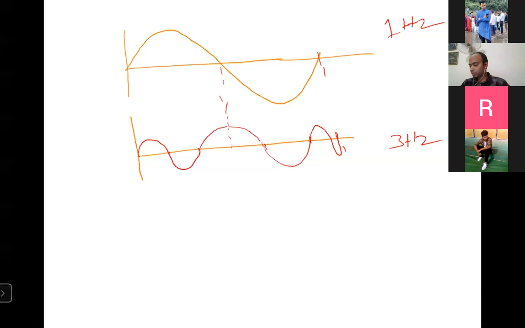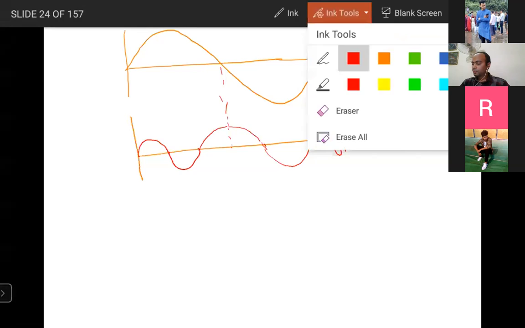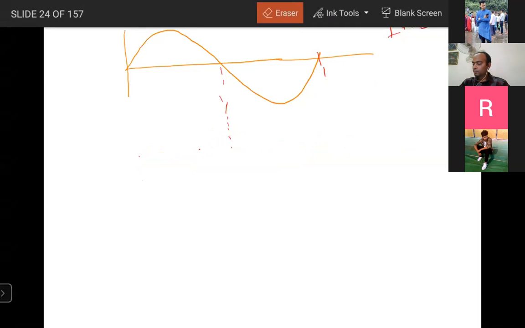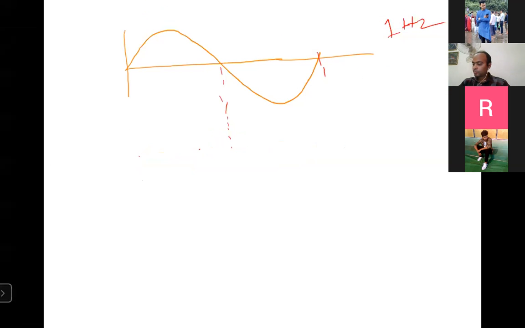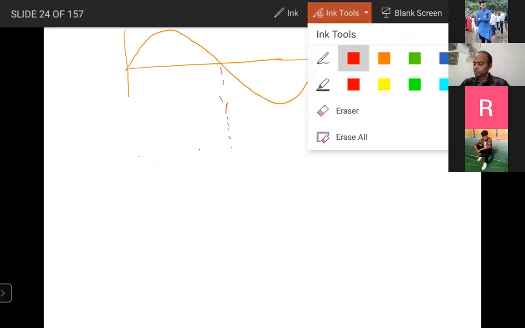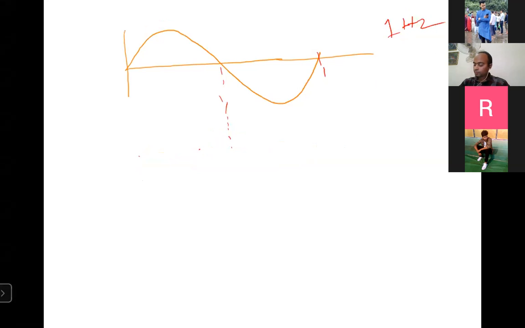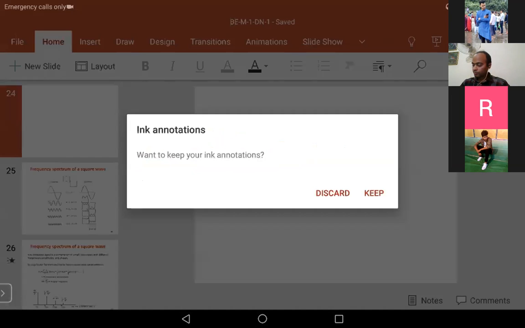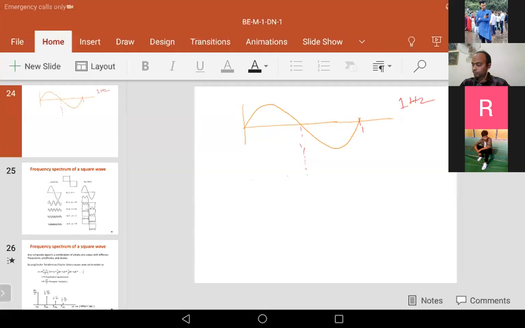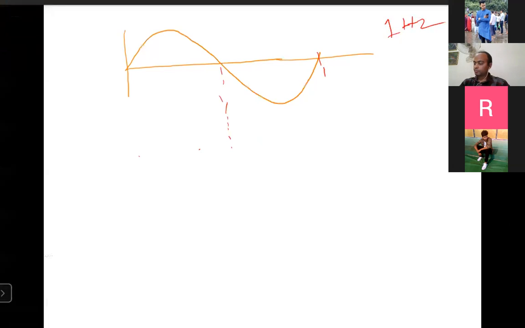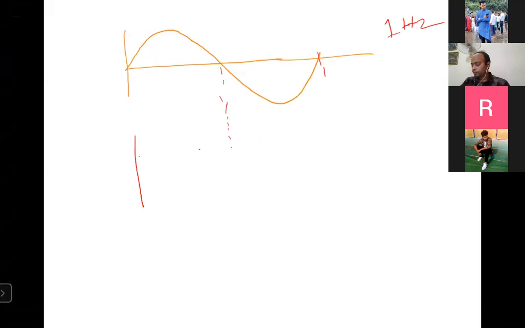Actually, this shape was not drawn properly. So within this much time period, I will have 3 cycles, or you can make it 6 cycles.